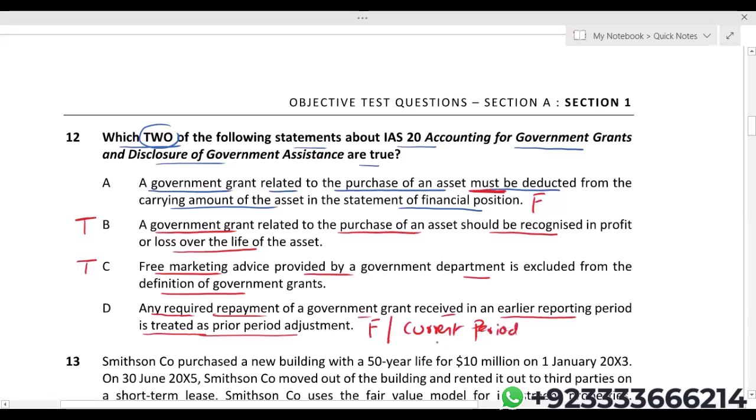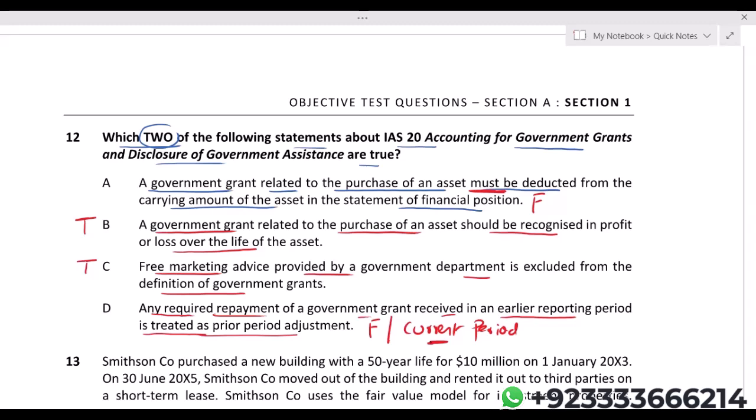For example, if in 2024 a portion of government grant you have received as income, now in 2025 we are repaying the grant. The grant which you have recognized as income previously will be recognized in 2025 as an expense, as a current period adjustment, and that will be reflected in 2025 profit and loss.